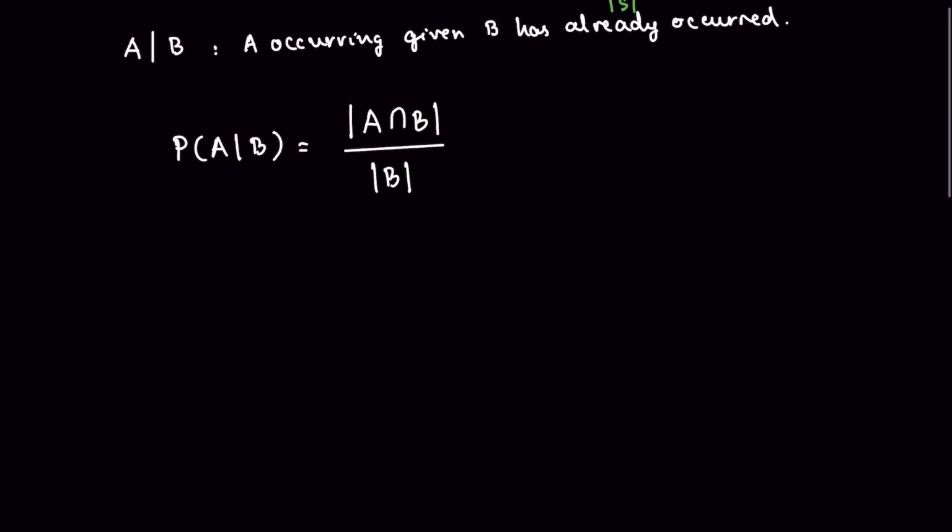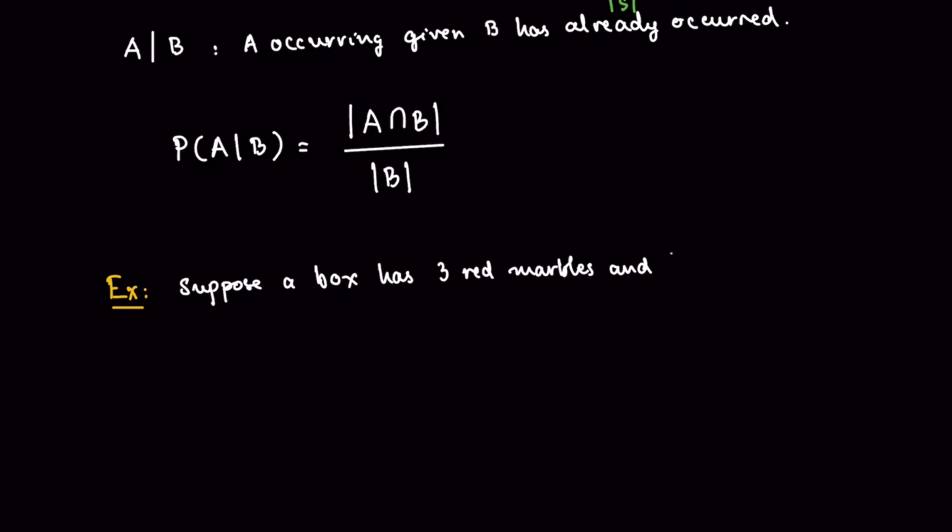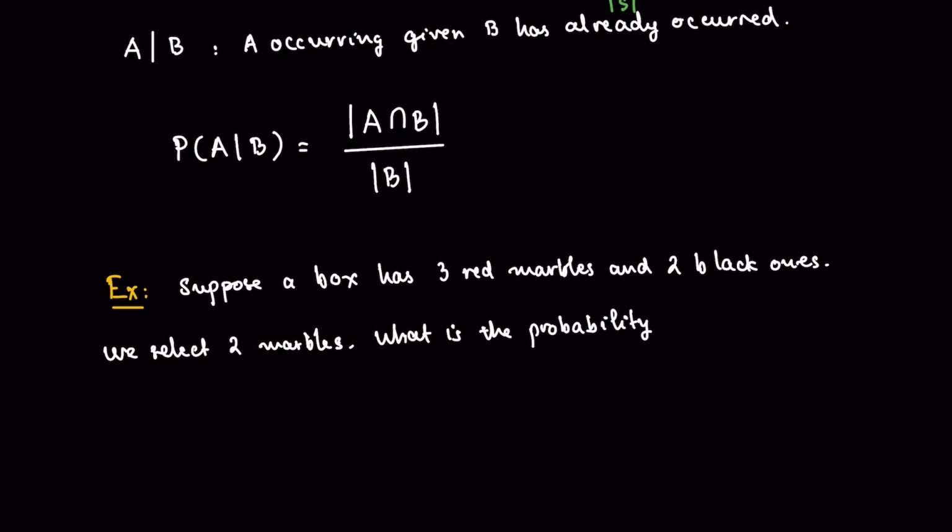The first example I'm going to consider is this. Suppose you have a box that has 3 red marbles and 2 black marbles. Now you want to select 2 marbles, and you want to know the probability that the second marble is red given the first one is already red.